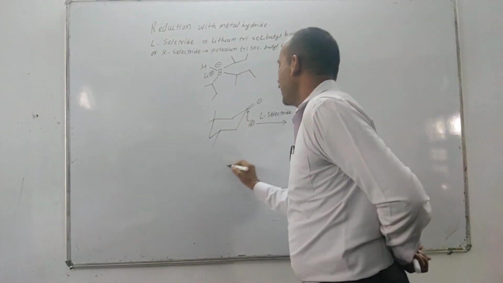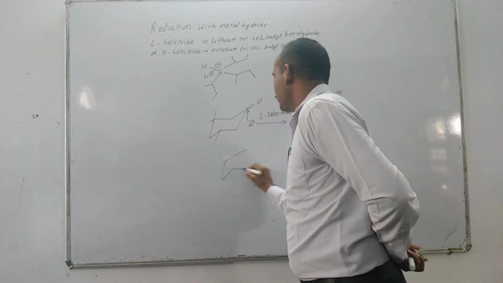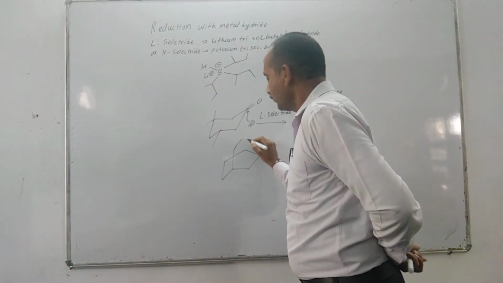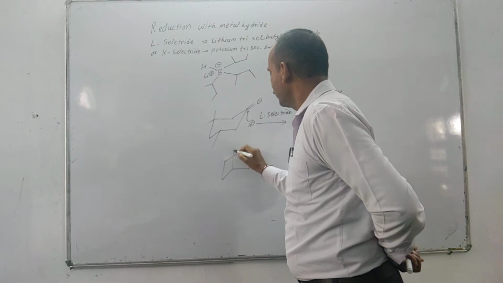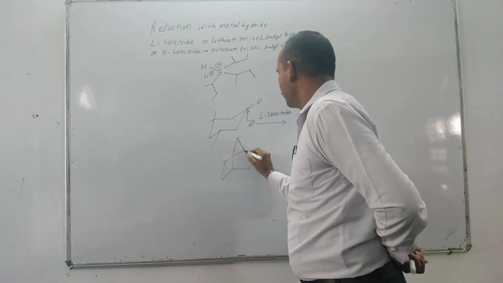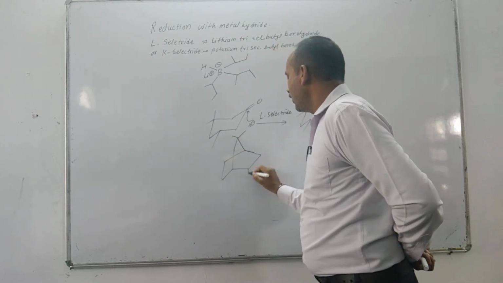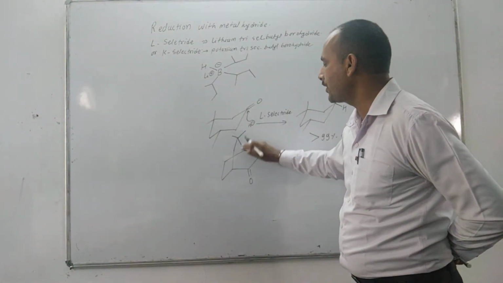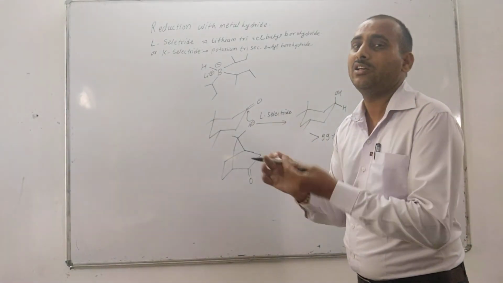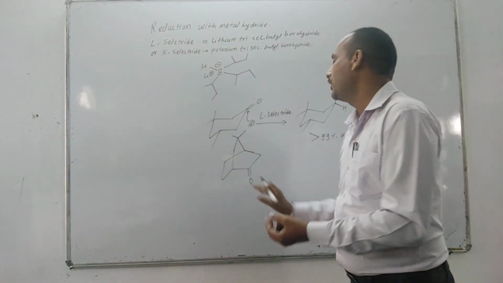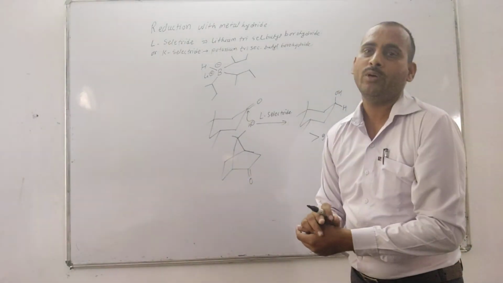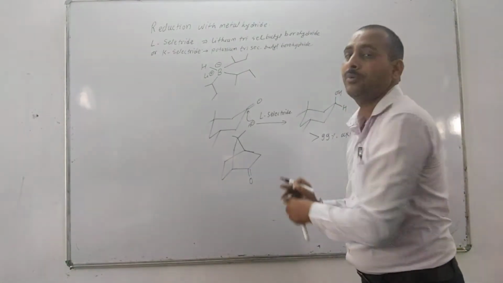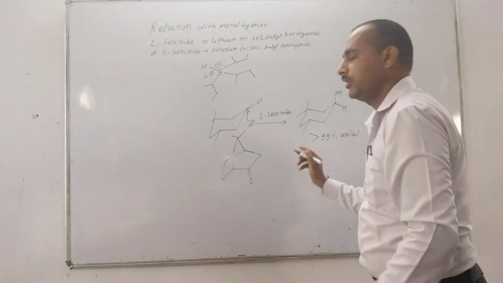Let's see another example. Now in this carbonyl group there is steric hindrance from the upper side, and as the reducing agent is a bulky group, it attacks from the lower side, that means from the endo face, and there is formation of the exo OH product.